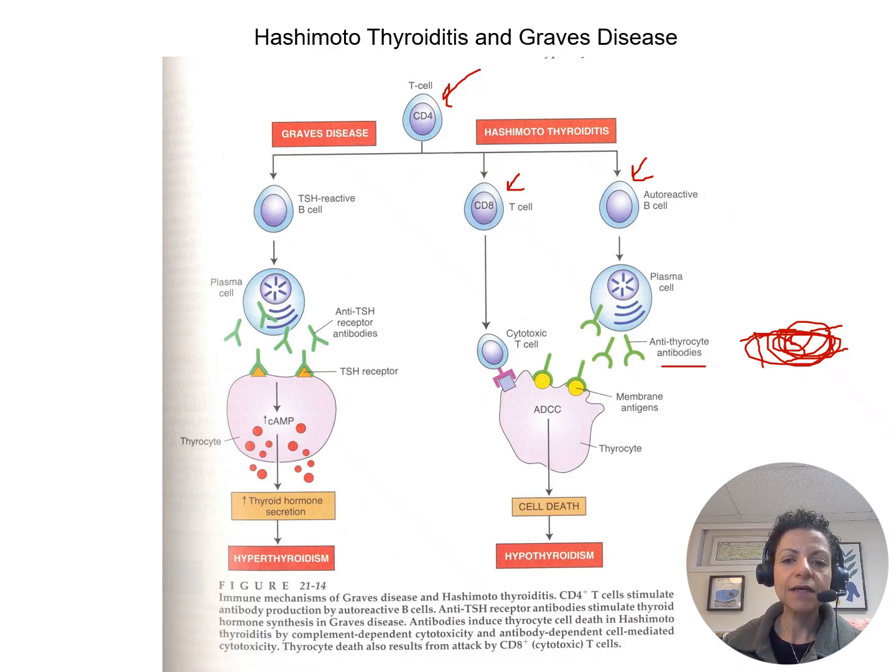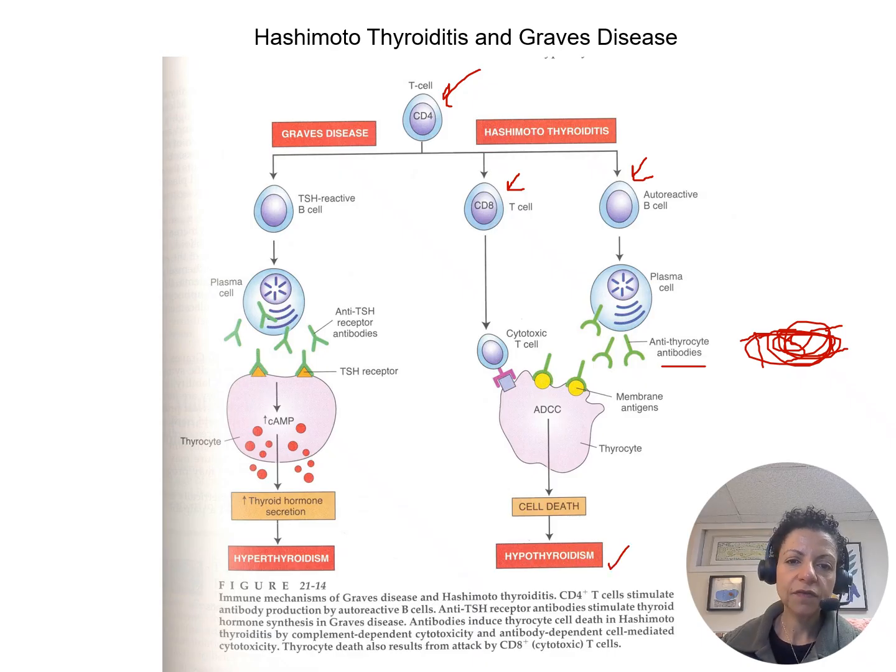No, the anti-thyrocyte antibody in Hashimoto's is an antibody that acts classically. It is going to attack those thyroid hormone cells, the thyrocytes, as are those cytotoxic T cells, and those thyrocytes are going to die. And as they die off, you have fewer cells being able to produce thyroid hormone, and it results in that hypothyroidism.